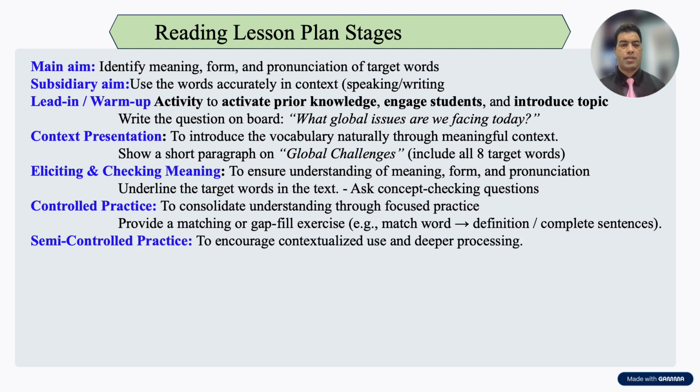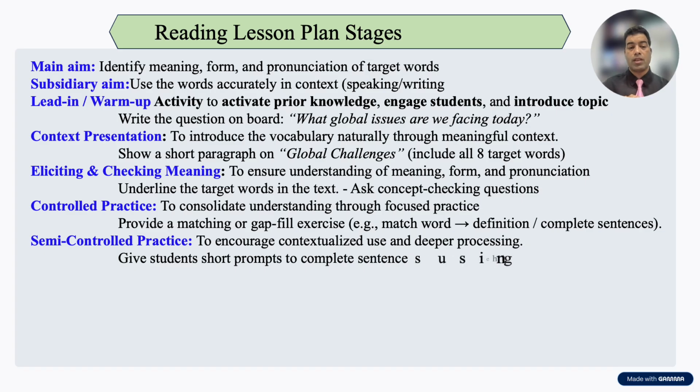The next step in the vocabulary lesson plan is semi-controlled practice, to encourage contextual use and deep processing. Now students go to deep processing step by step. We can give prompts to complete sentences using new words in pairs, or ask students to tell their story to each other.